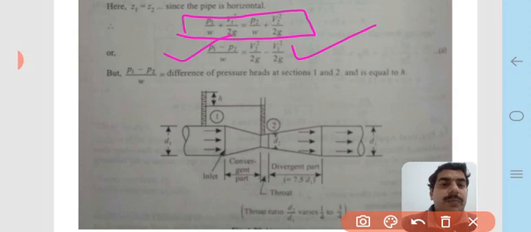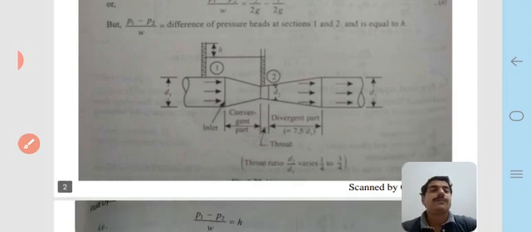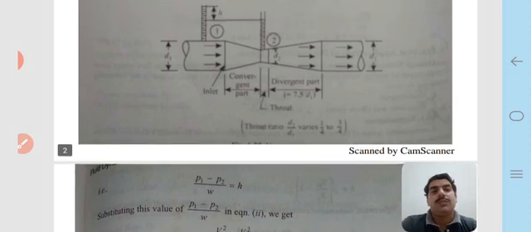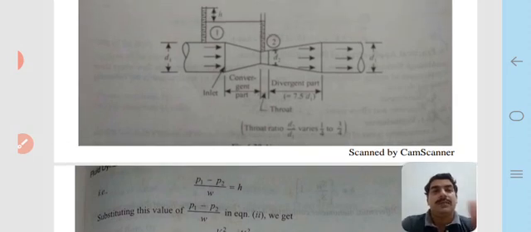Therefore (P1 - P2)/w, the difference of the pressure heads at sections 1 and 2, is equal to small h, which is seen here. It is the pressure difference as shown in the figure.